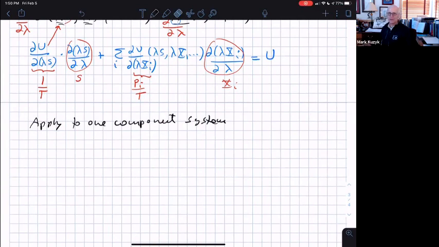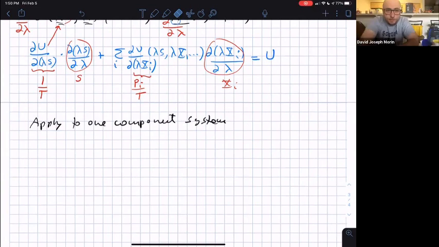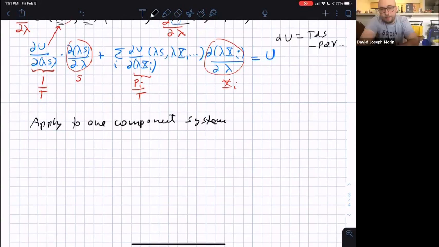You remember what du ds is? It's 1 over the temperature, right? Well, that's what I have, but is that right? Well, there needs to be a lambda there. No, something else. Do you remember u? I'll write up here, u equals T dS minus P dV, dot dot dot. So what's du ds?